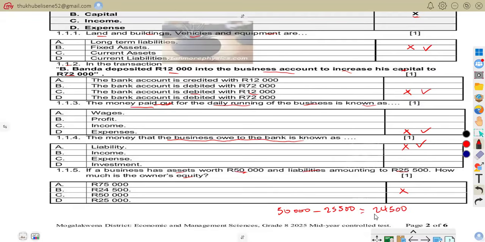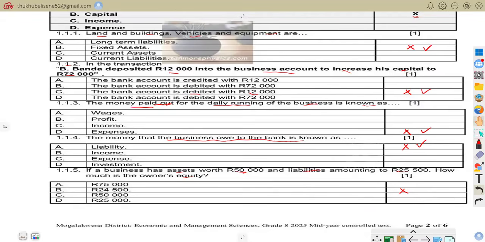So therefore, the owner's equity is 24,500. So if a business, for example, owns assets of 50,000 and owes 25,500, the remaining value belongs to the owner, which is this 24,500 that we are talking about. So that is that, people. So the correct answer there is B.